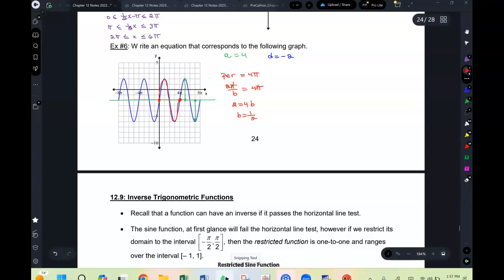Okay, next. We need to write an equation. So we have y equals 4 sine half x minus 2. You see that? Your C is always going to be 0. And that's it.